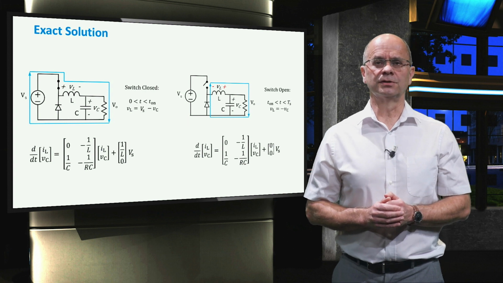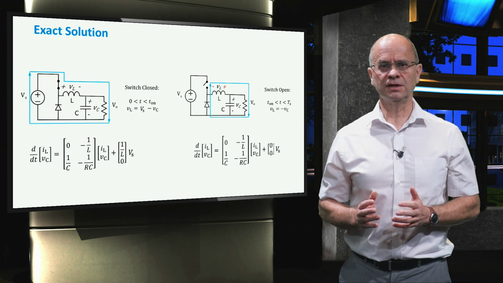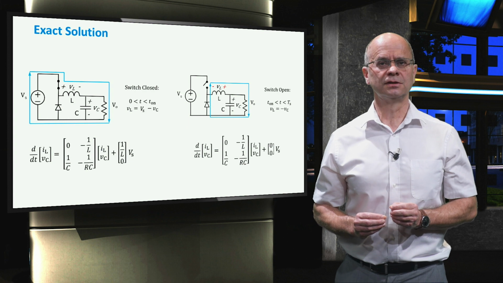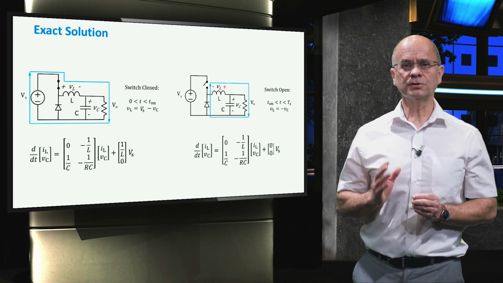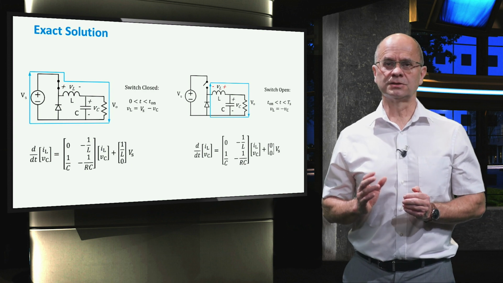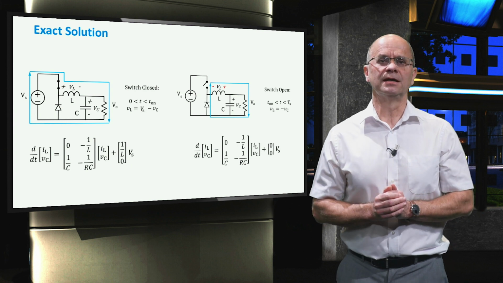In a second-order circuit, it is often not possible to derive the exact analytic solution for these differential equations. Usually, the circuit is solved computationally with software that simulates the current and voltage in these circuits, so we don't have to do it ourselves.